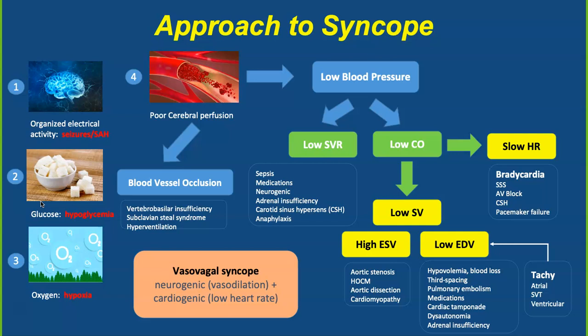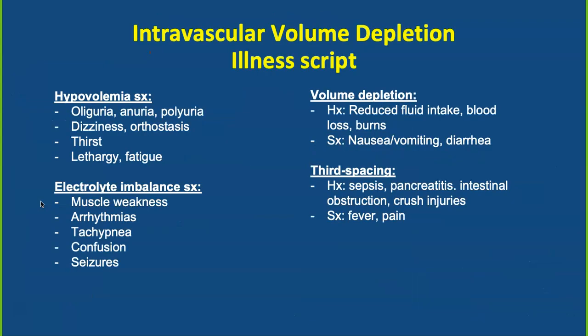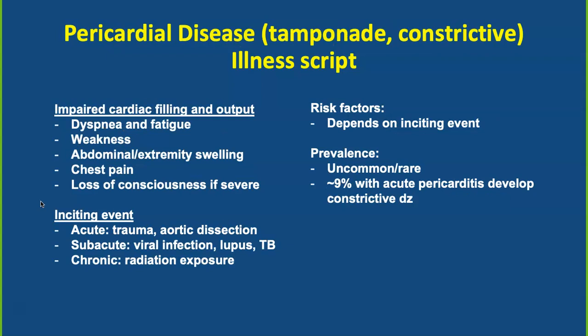So the following slides are provided to you just as a way to remind you about the other things we had mentioned before in previous sessions. So once again, the symptoms of intravascular volume depletion, of vascular lung diseases like pulmonary embolism, pericardial diseases that lead to tamponade, and that's about it.